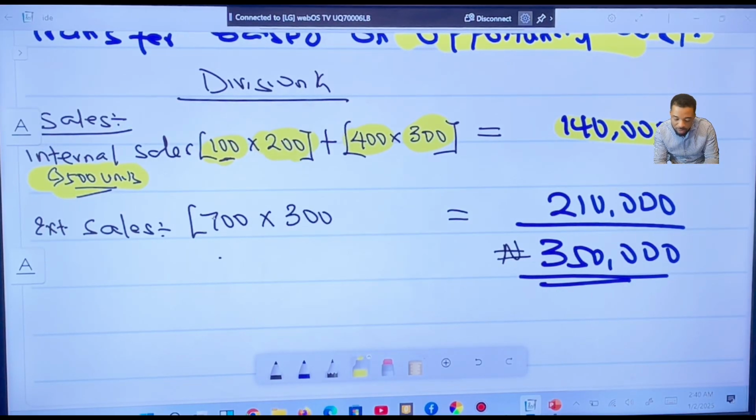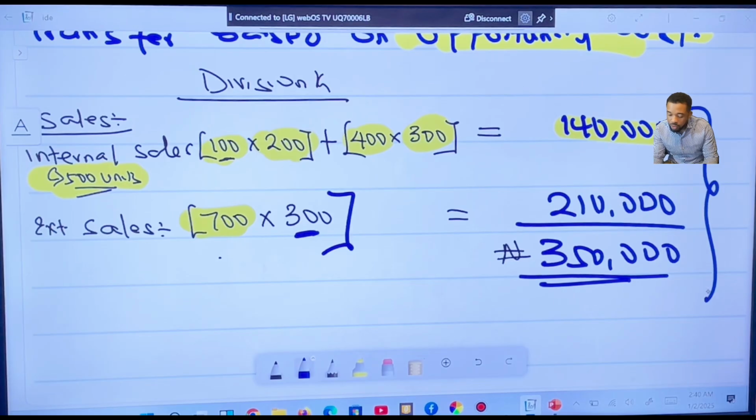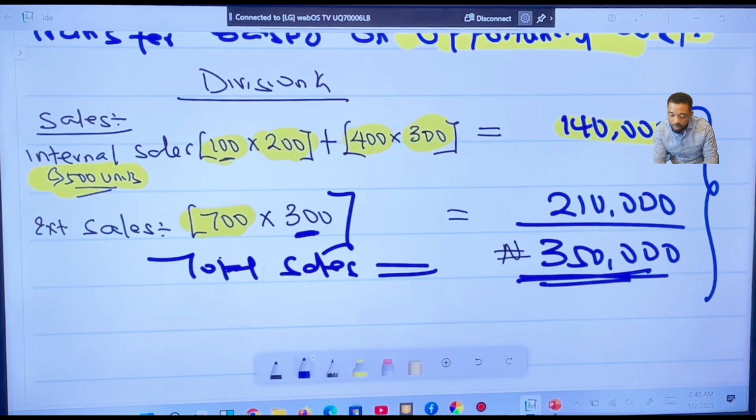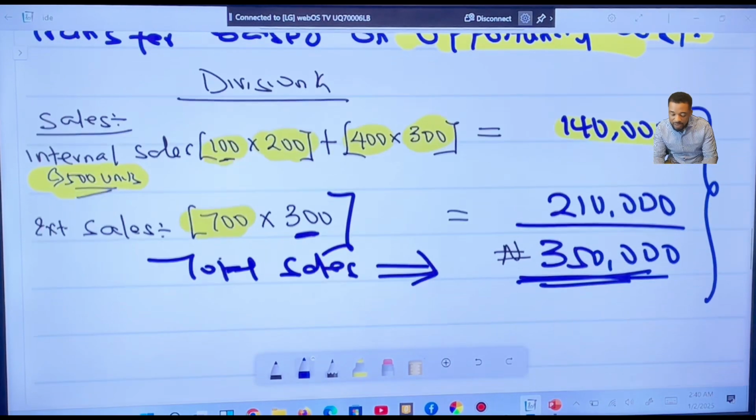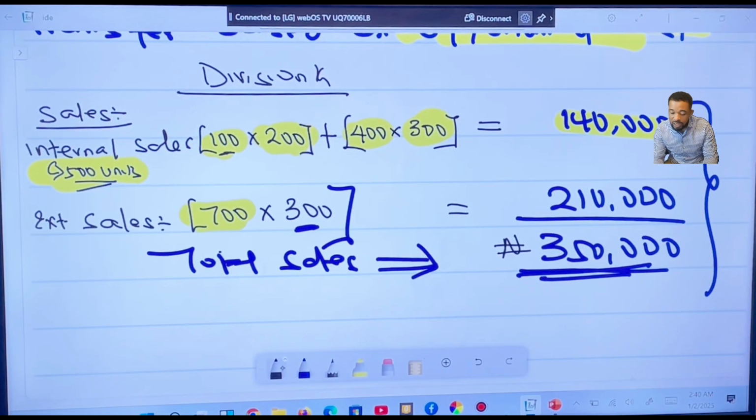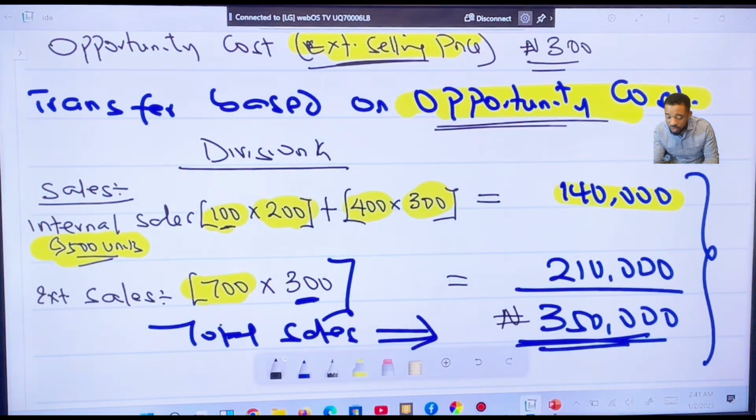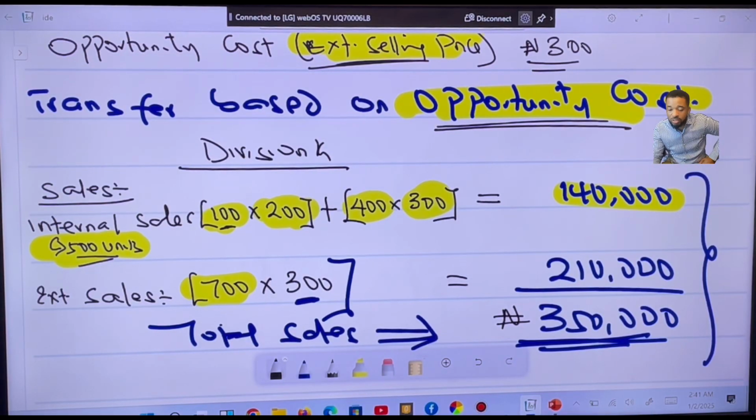And of course, that 700 is sold to external market at 300, and that gives me a total of 210,000. And then I have a grand total of 350,000. This becomes the total sales for this division. Remember that this transfer price is based on opportunity cost.